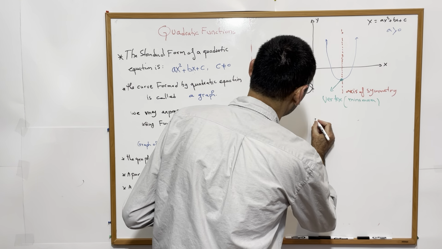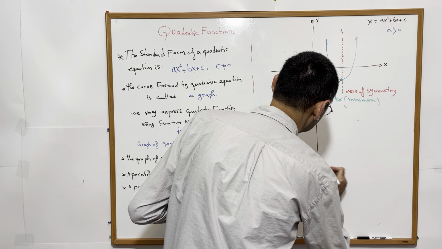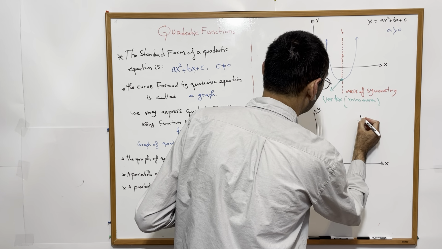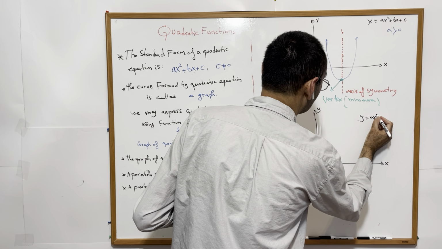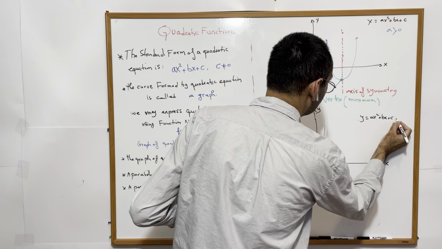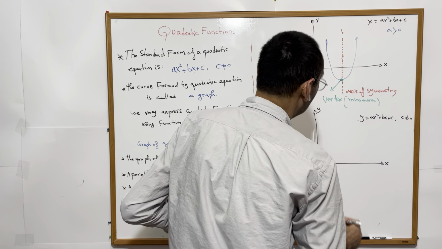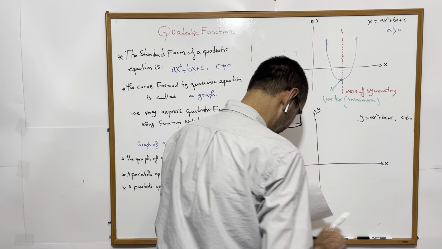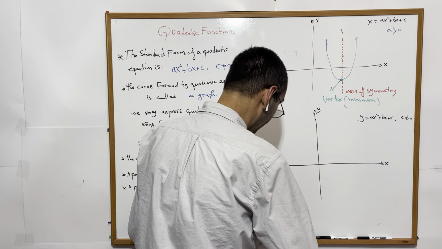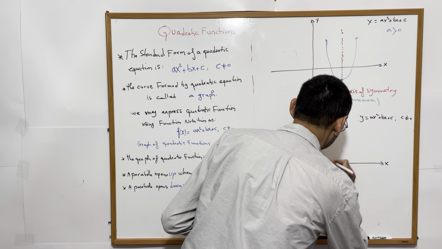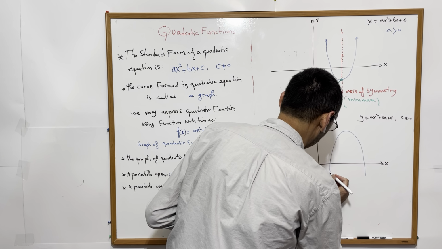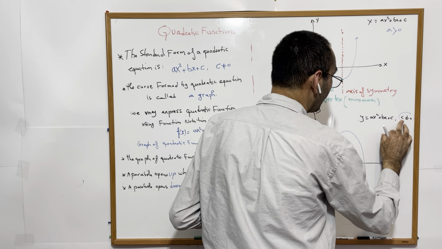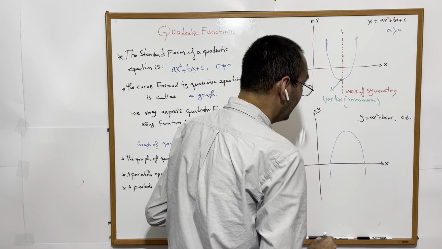I want to show you another graph. Always y equals ax squared plus bx plus c, with a different from 0. The parabola opens down.